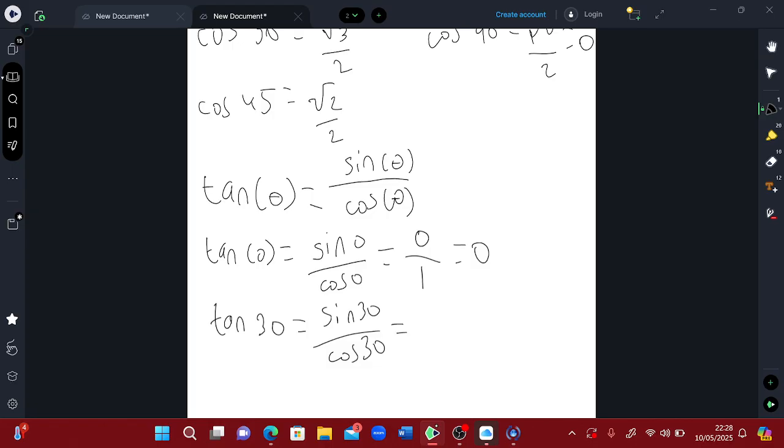And if you wanted a quick sketch of why this is true, let me just very briefly outline it. Say hypotenuse of 1, and this is theta. Now you should know SOHCAHTOA. So sine theta is opposite over hypotenuse. Now the hypotenuse is 1, so therefore sine theta is simply the opposite.